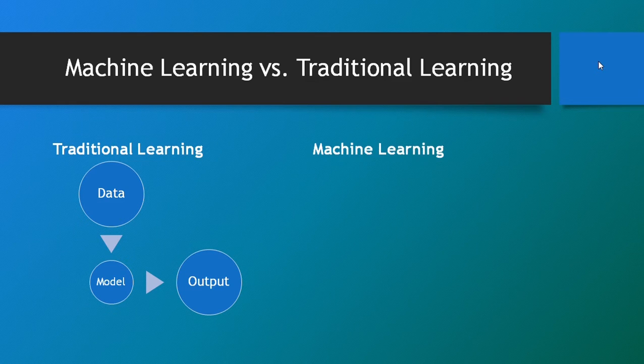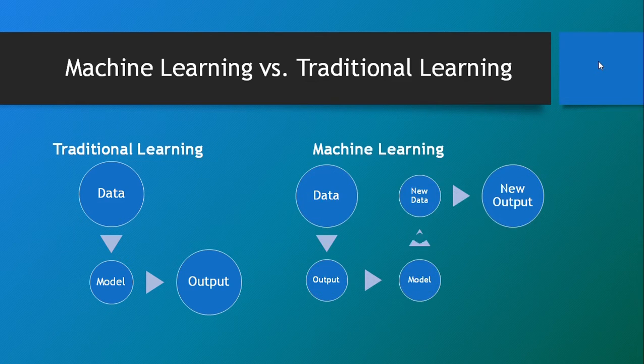However, in case of machine learning, the data and its associated output is fed to the machine, which generates a suitable model. The machine then uses this suitable model along with some new data to generate its corresponding new output.